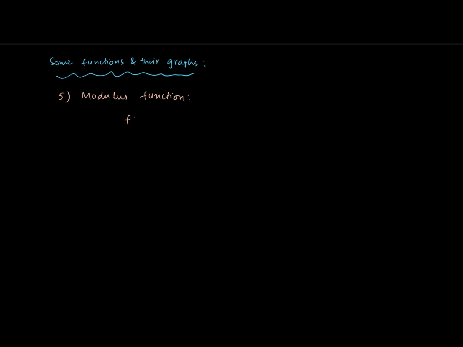Here we have a function from R to R defined by f of x is equal to mod x. Here we have two conditions, that is f of x will be equal to x if x is greater than or equal to 0, and f of x will be equal to negative x if x is less than 0.